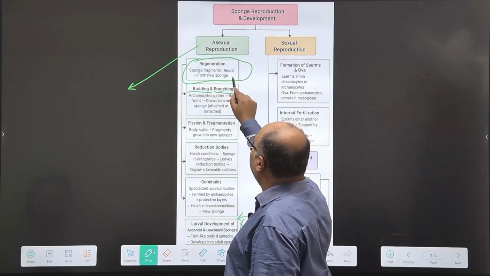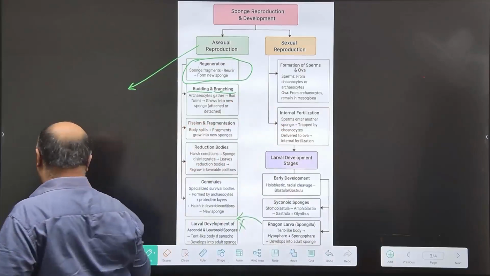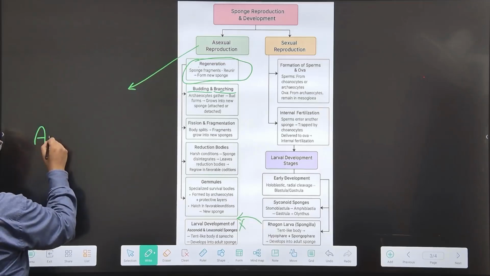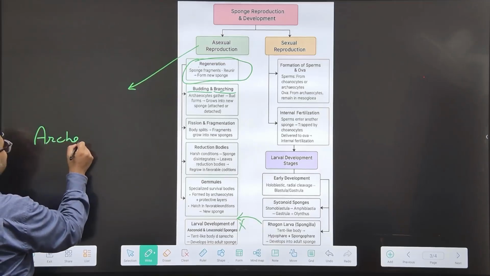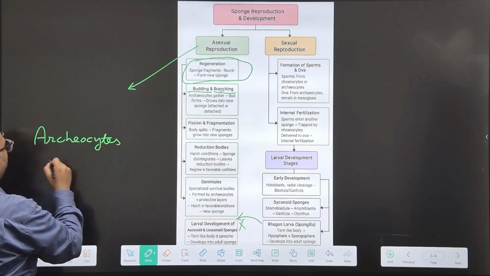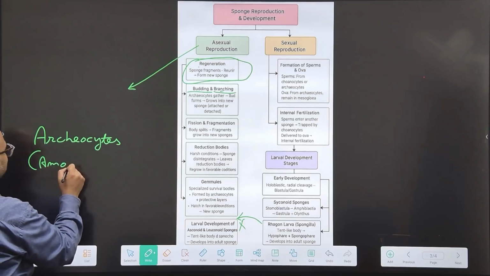In sponges, regeneration happens, and for regeneration, for budding, for branching, one kind of cells is very important, and they are called archaeocytes. And you might also call them amoebocytes.